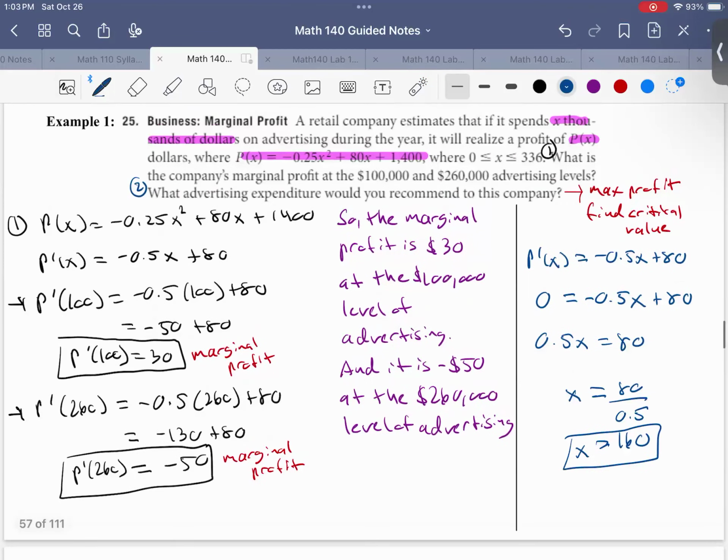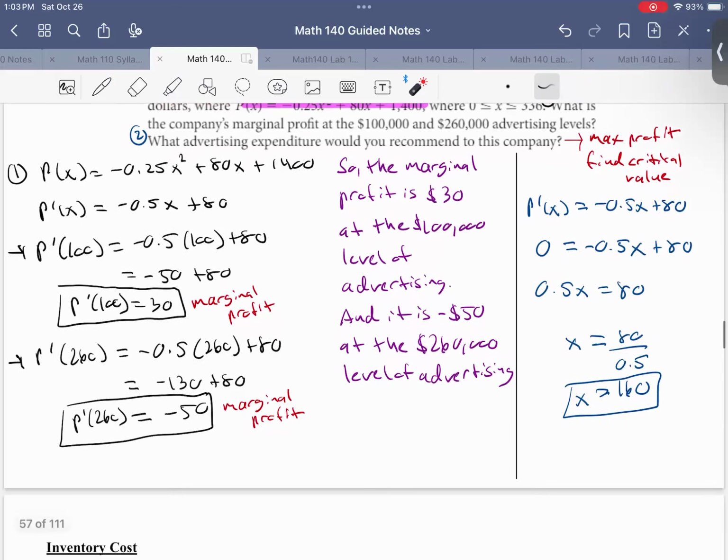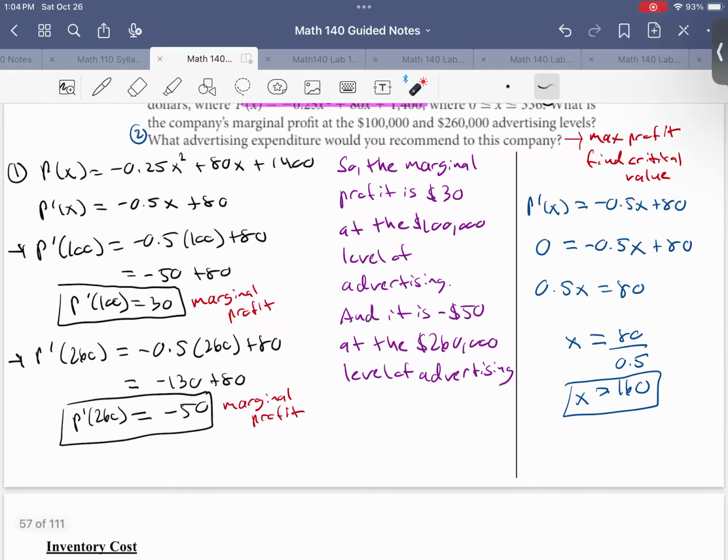So I get 160. But remember what x represents. It represents the thousands of dollars in advertising, so it's really 160,000. And what does it mean in terms of the problem?